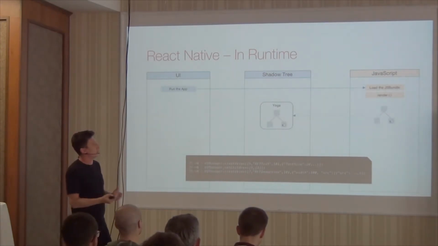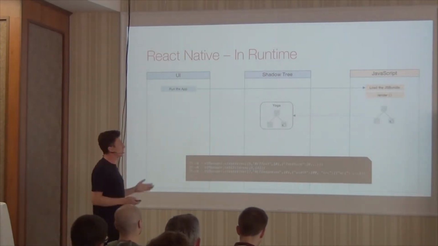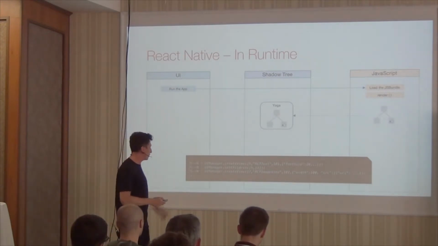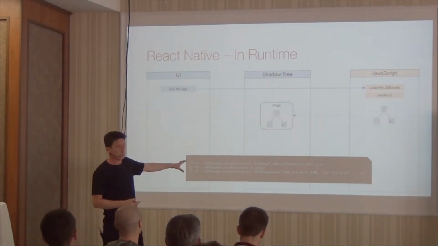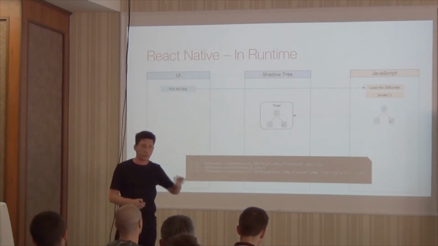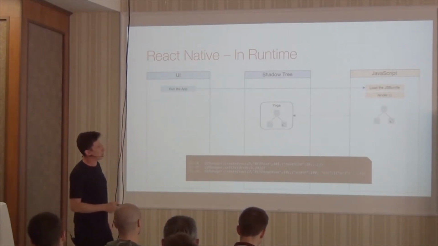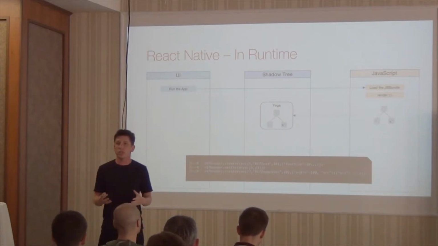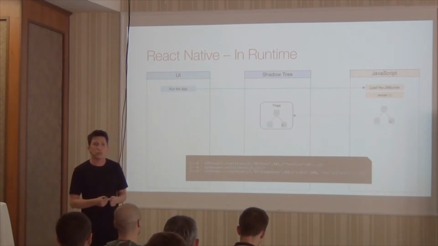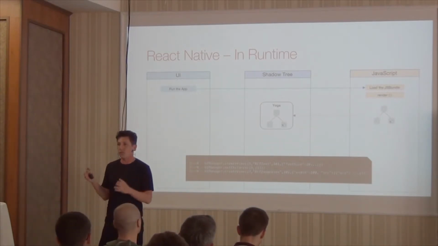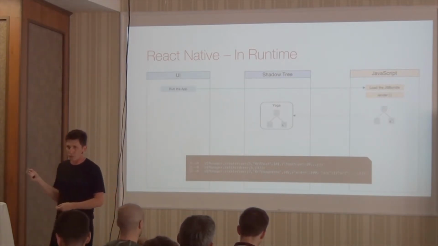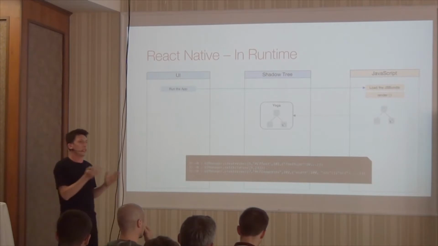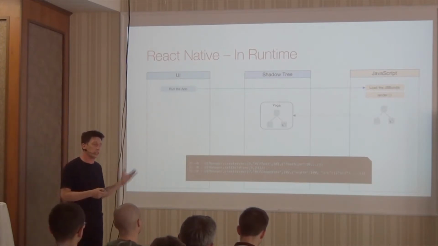After that, JavaScript will send this representation to the native realm through the bridge, and this is actually how the messages going through the bridge look like. And on the native side, we have a library called Yoga that is responsible for translating JavaScript JSX instructions that are written with Flexbox to native UI instructions, to native views.